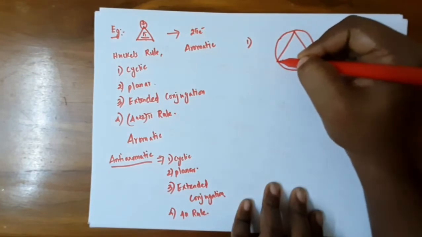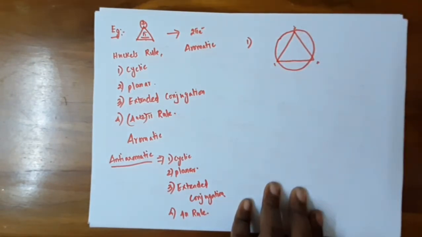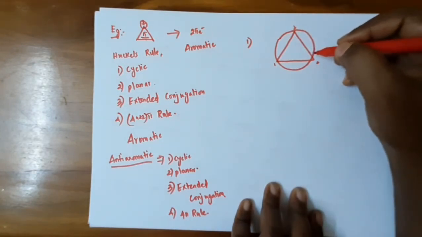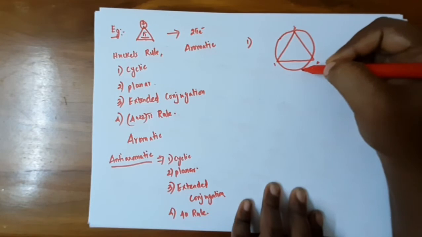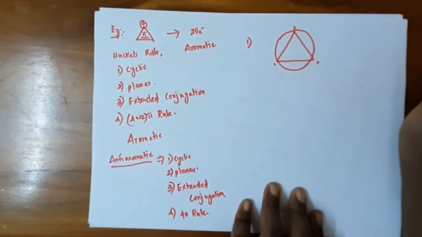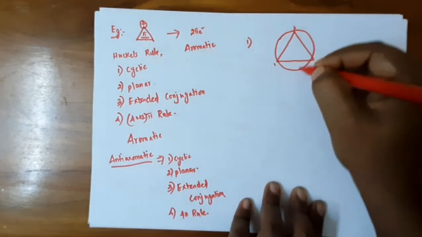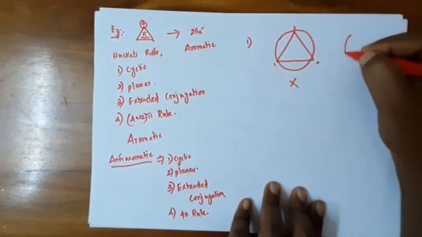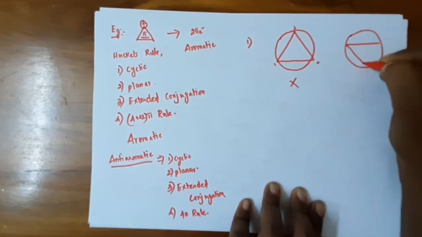Cyclopropene has 3 vertices, 1, 2, 3. One of the vertices should be at the bottom, and here at the bottom it has only one atom. So this is wrong, and instead we have to draw it like this.